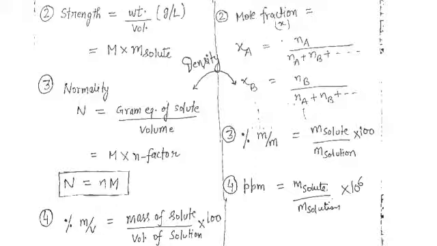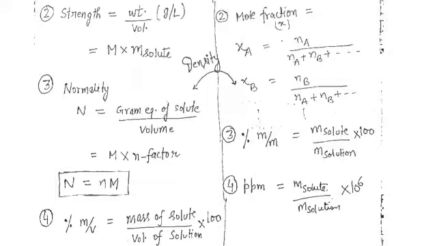So normality equals number of gram equivalents upon volume, and number of gram equivalents equals weight upon equivalent weight. That is the very basic definition of normality, and there is a formula that normality equals molarity into n factor, or you can write N equals small n into M.